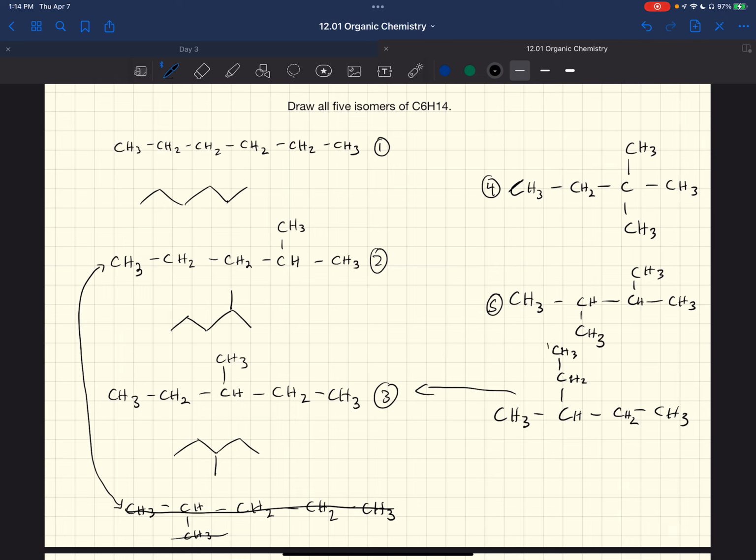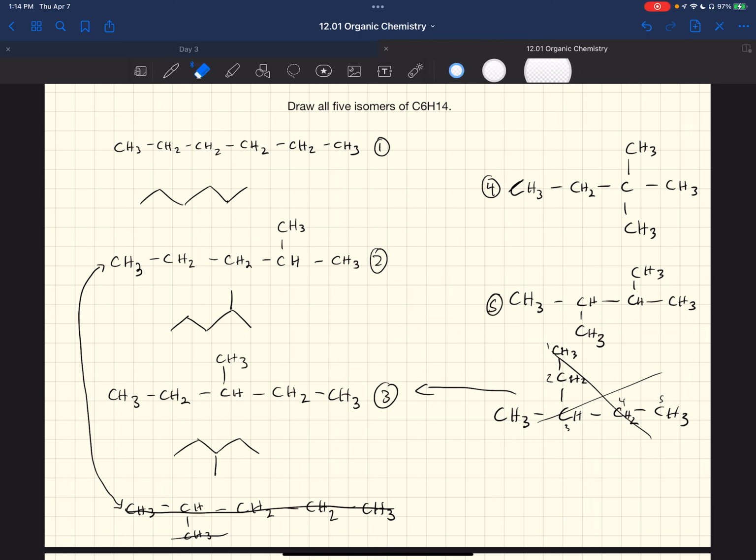It's got 1, 2, 3, 4, 5 carbons in the longest line that we can count. This one has 1, 2, 3, 4, 5 carbons in the longest one that we can find. We call that the parent hydrocarbon or the parent carbon, or the backbone. So these two are actually the same. So I can't actually do that, which means we're done.